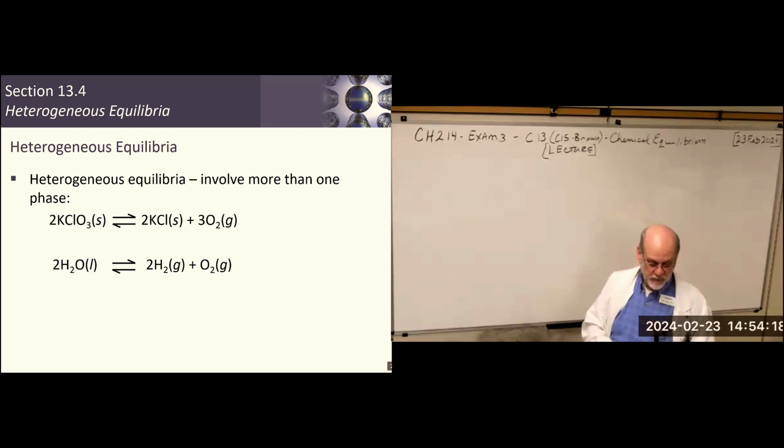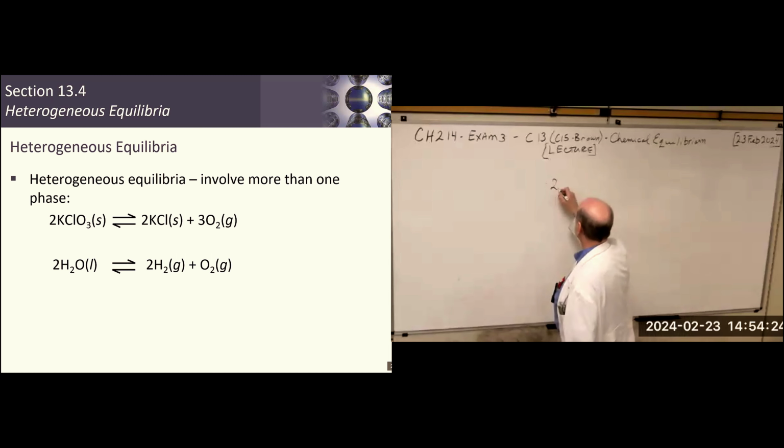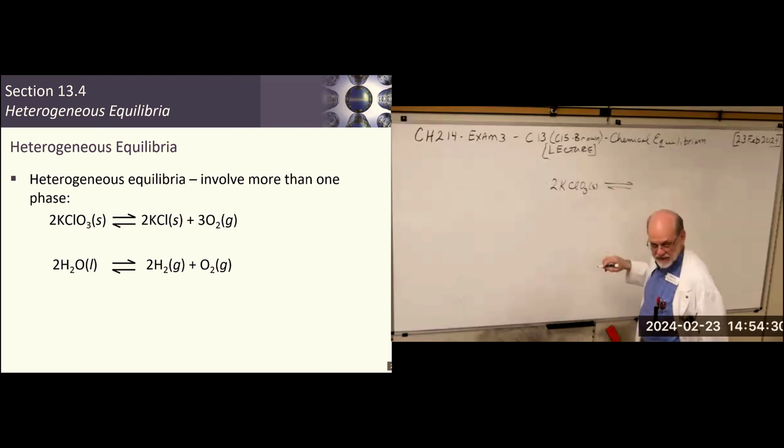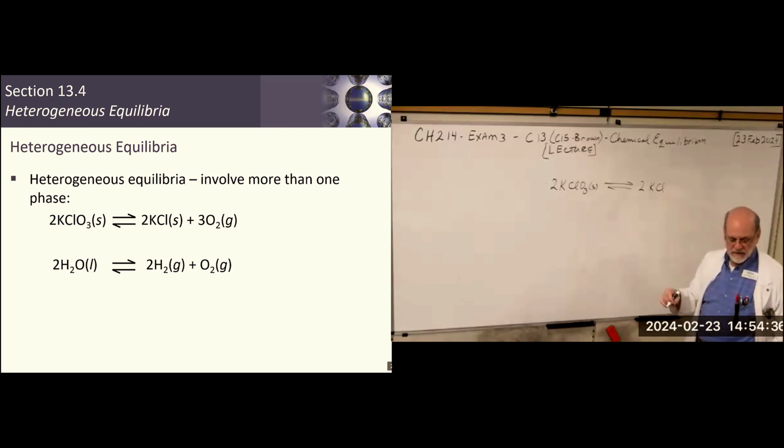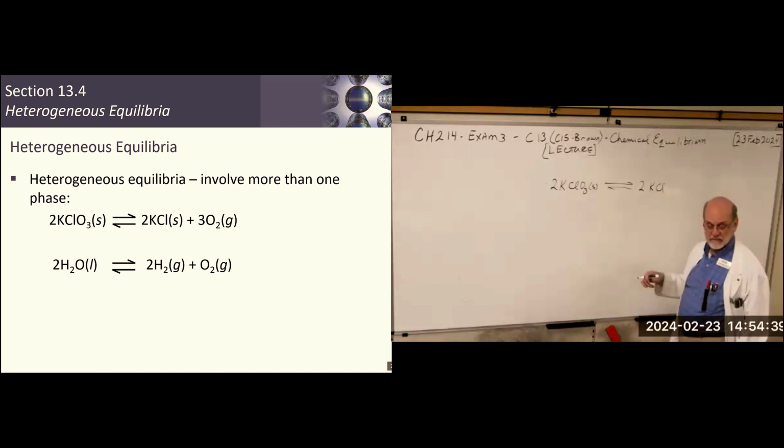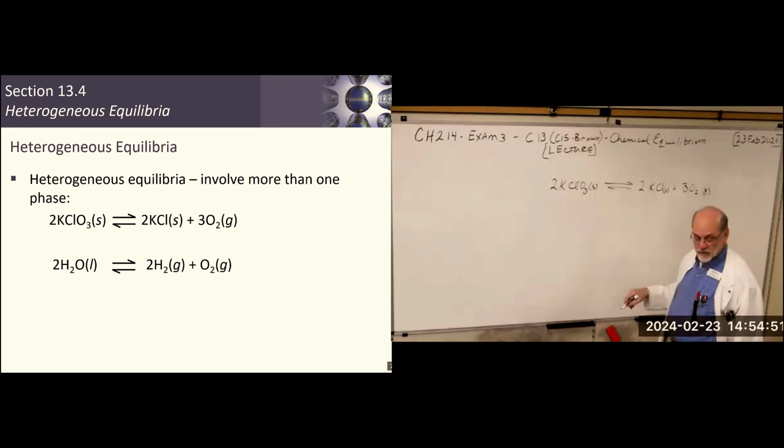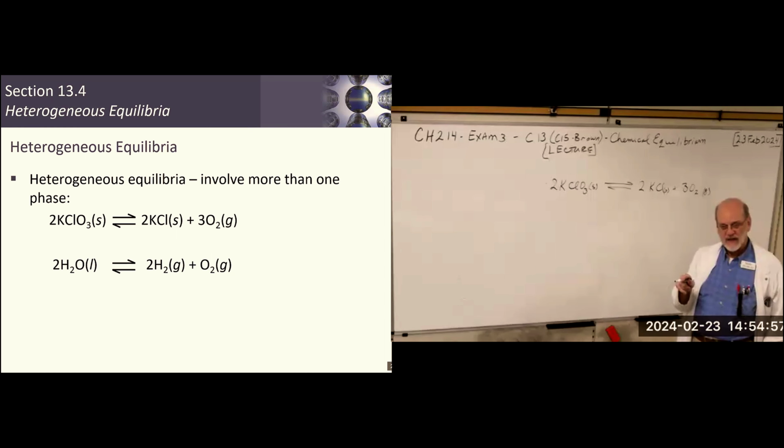Now, when we write the equilibrium expressions for a heterogeneous equilibrium, let's take the top one. 2KClO3 is a solid. And then we're going to decompose it. All it takes is a little heat or light. You could shine ultraviolet light on it and cause it to decompose. This is a gas. How would we write that expression? Well, the rules are the concentration must be able to change in order for an equilibrium constant to have meaning.